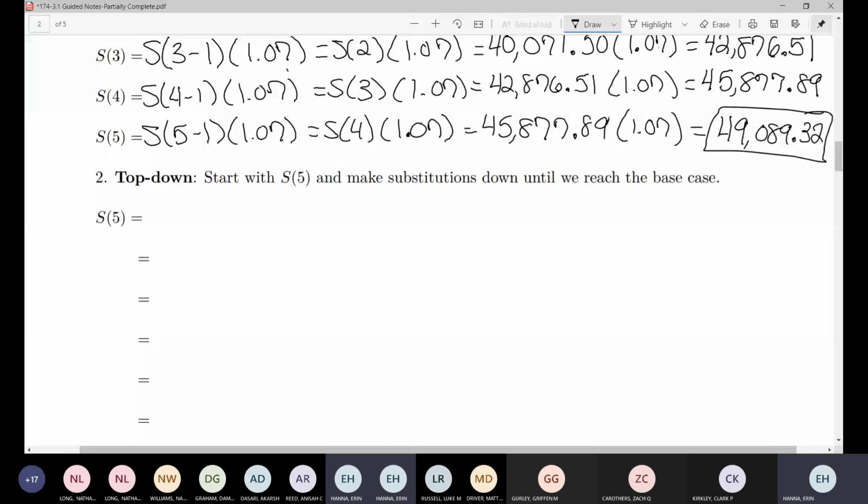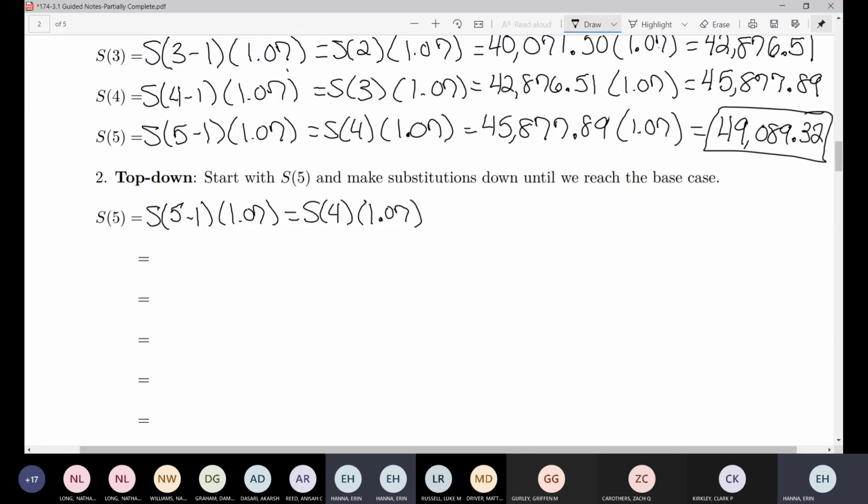But on this, essentially what you do is, well, S of 5, that would be S of, why do I keep writing N? 5 minus 1, I'm getting ahead of myself, times 1.07. So S of 4 times 1.07. Now I'm going to stop writing the N minus 1 case, and I'm just going to skip to the actual number. So I'm going to skip to S of 3 and S of 2, because otherwise I'll run out of space.